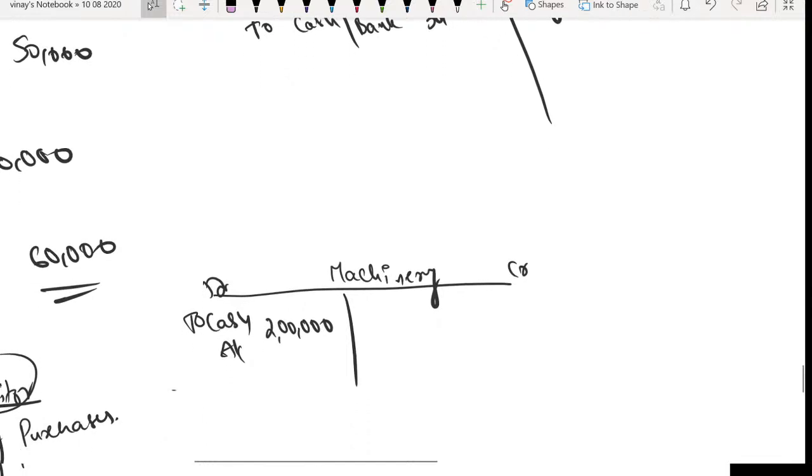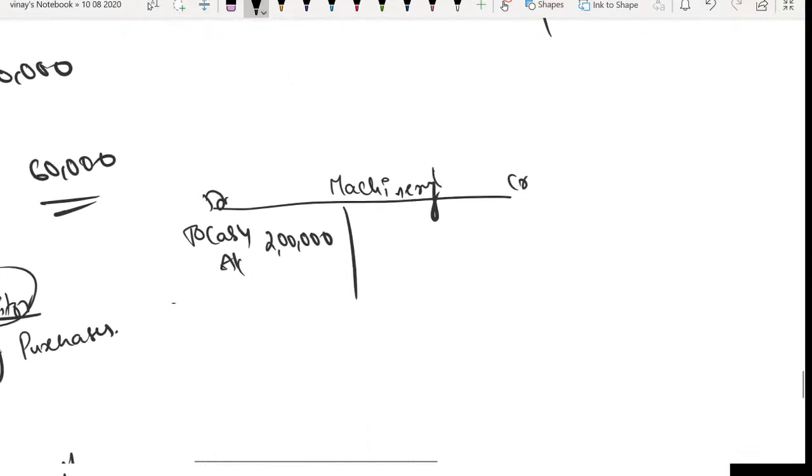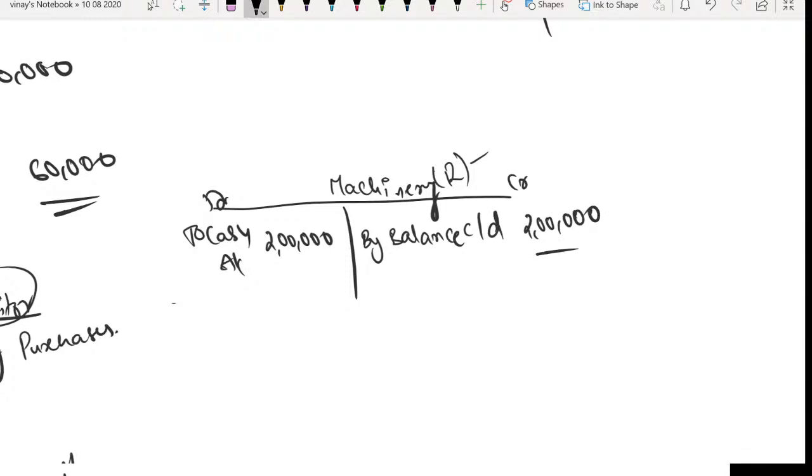Then machinery account, asset, real account, tangible, then you will balance it by balance carry down 2 lakhs rupees.